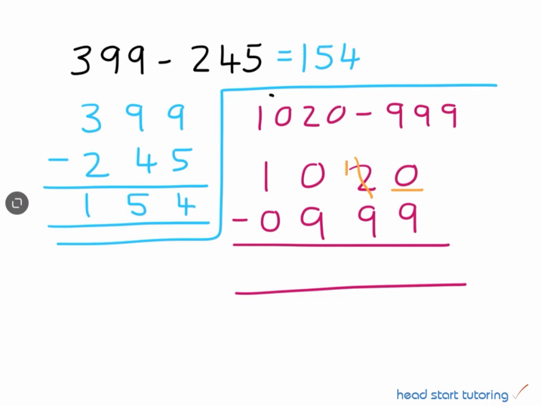And we take that 1 that we borrowed from the tens column over to our units column, and we get 10. So you don't add what you've borrowed, but you treat it as if it now becomes the higher place value. So this 1 is still a 10 because we borrowed it from the tens column. So it now becomes a 1 as our 10, and we keep our 0 as our unit. So we've got 10. We then are able to say 10 minus 9, and we get an answer of 1.